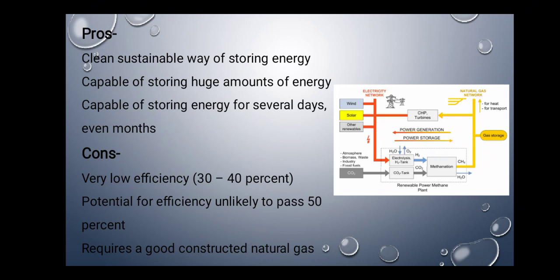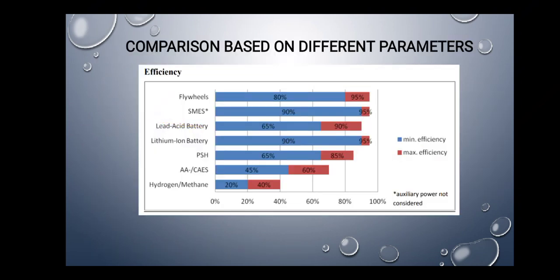Advantages: clean, sustainable way of storing energy, capable of huge amounts of energy, capable of storing energy for several days, even months. Cons: very low efficiency, unlikely to pass 50%, requires well-constructed natural gas storage.